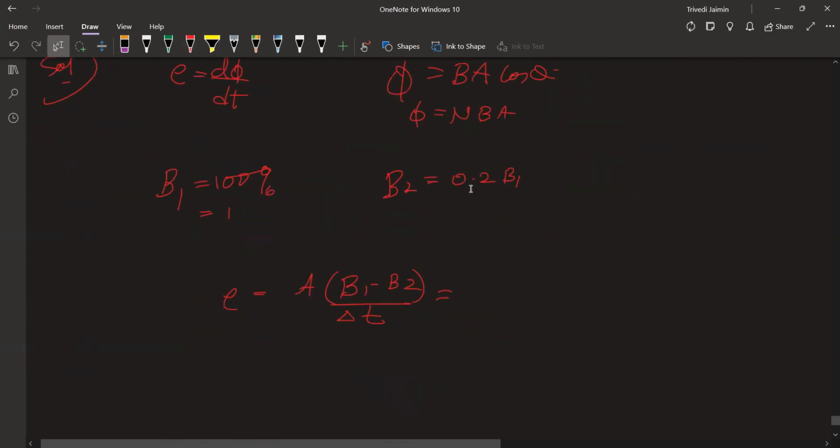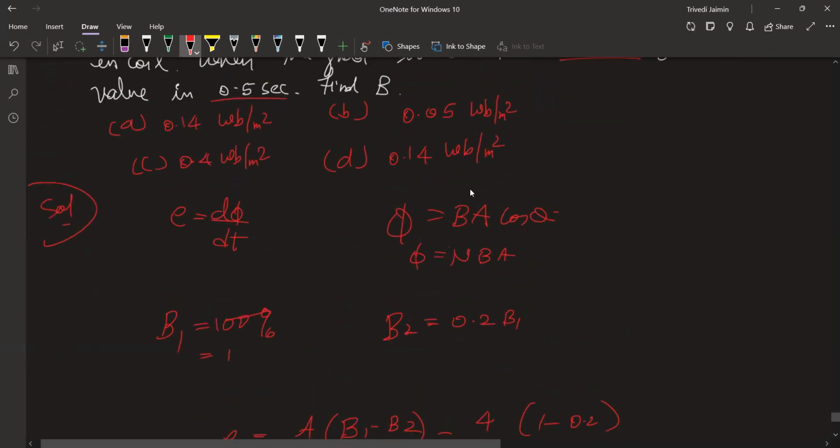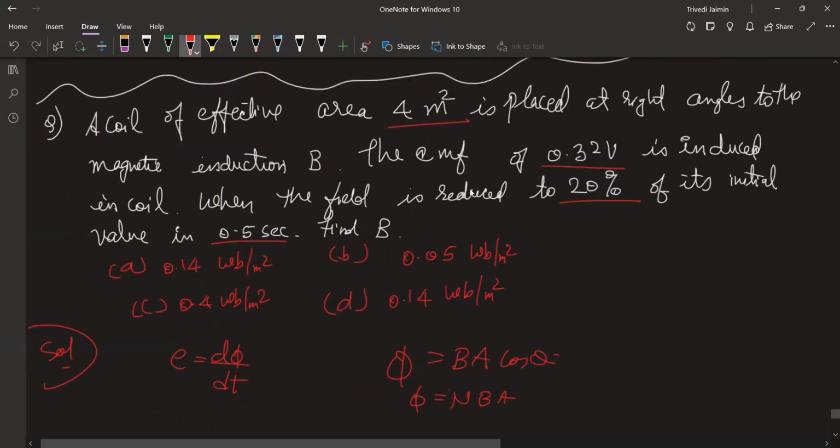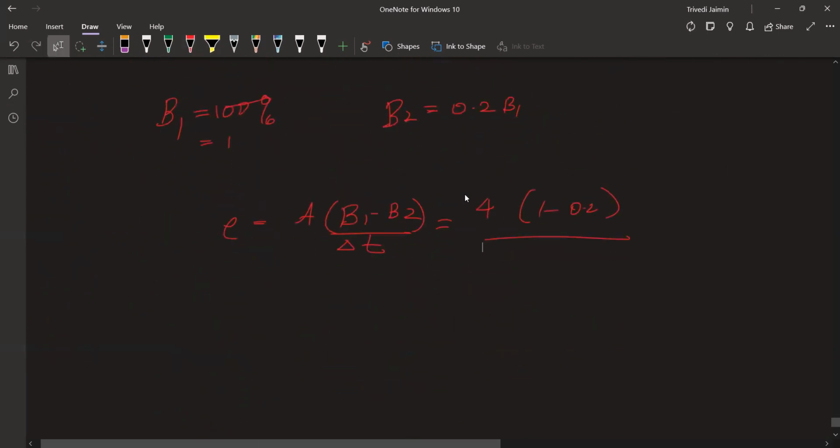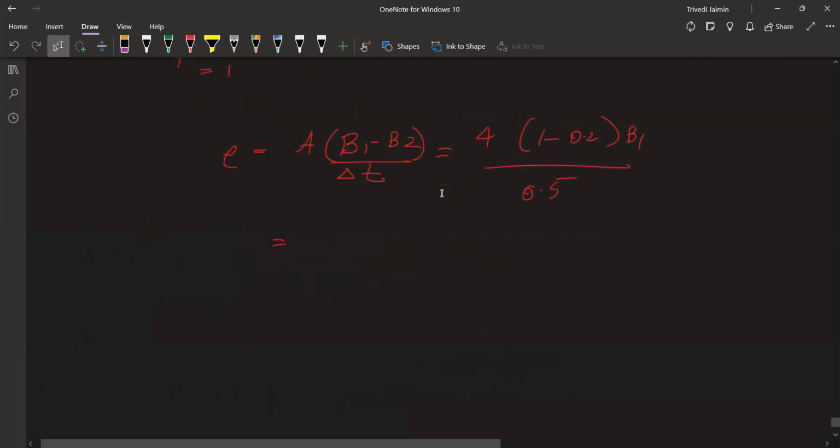Yeah, 4 (1 minus 0.2) divided by, what's the time? What is it? 0.5. This is for B1. So the E value is given how much? 0.32.